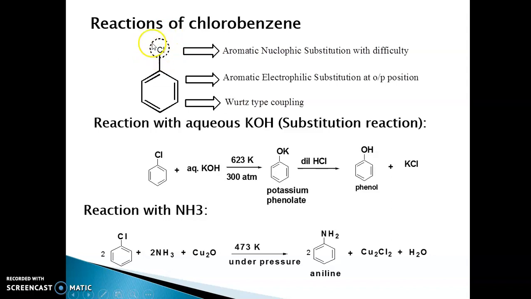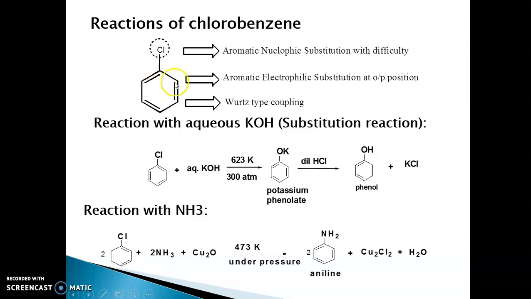but it undergoes electrophilic substitution reaction, and we know that the orientation of this Cl atom is that it is an ortho and para directing group. In the last unit, we have seen the ortho and para directing nature of the chlorine atom. So it directs the incoming second electrophilic reagent to the ortho or para position. The position next to the carbon atom to which the Cl atom is attached is called the ortho position.